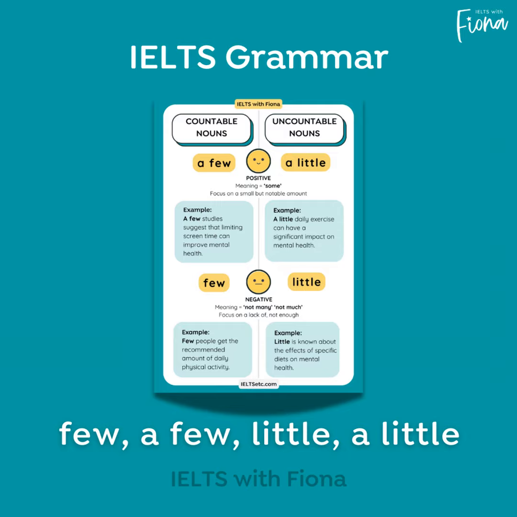And as you read through the examples there, I hope it will give you a better feeling for when you can use a few and few. The same goes for little and a little. So if we look at education again as an example, with a little more investment in training, the skills gap in many industries could be reduced.